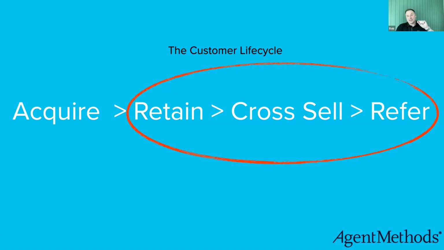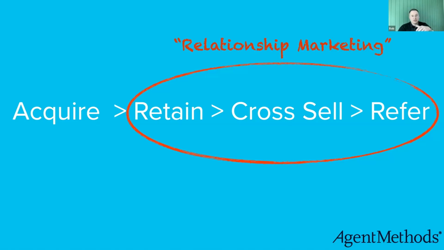And there's significant data that shows that marketing to people at this stage actually works better when it comes to generating referrals and additional sales, because we're literally getting into relationship marketing. The truth is, if you do this right, you don't need the first step, because this will be generating additional business for you again and again. The example I always like to think of is Tesla, right? They didn't start high volume.